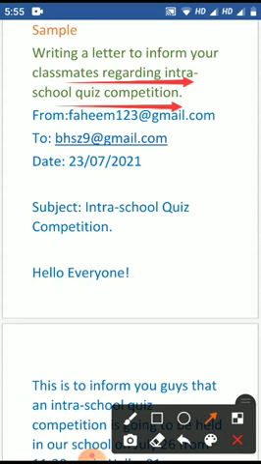You will send the mail, for example, from fahim123@gmail to bhsz9@gmail.com, means it is a 9th standard's mail account. Date, then space, subject, intra-school quiz competition, space, then again salutation, hello everyone.